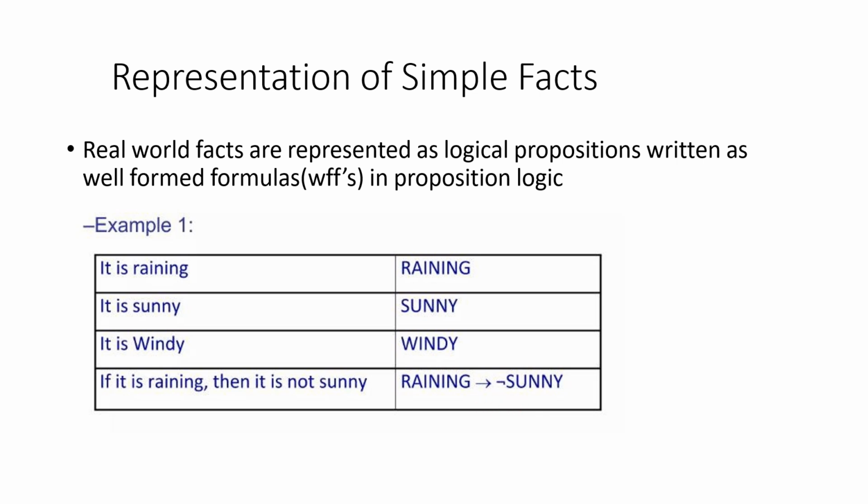This entire expression is also called a well-formed formula because it follows some logical rules. So here, the simple real world facts are converted into logical symbols and formulas that a computer can understand.